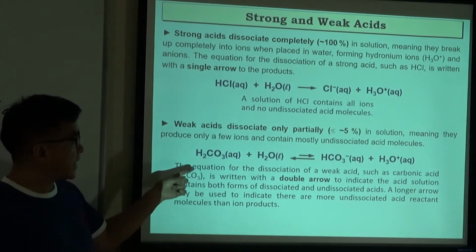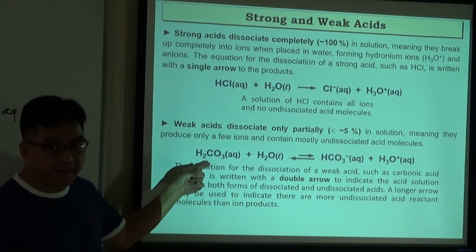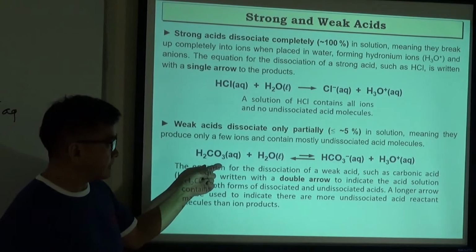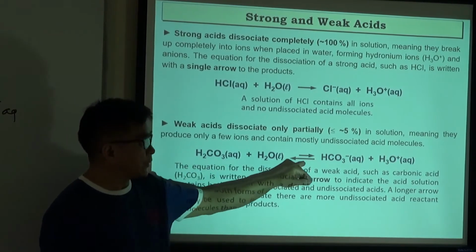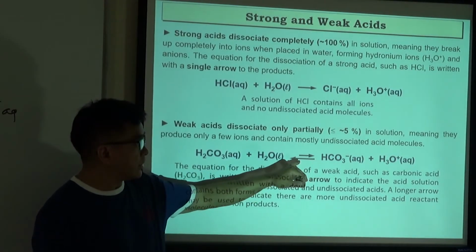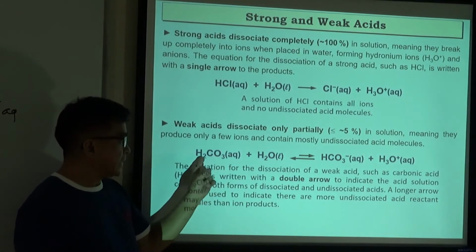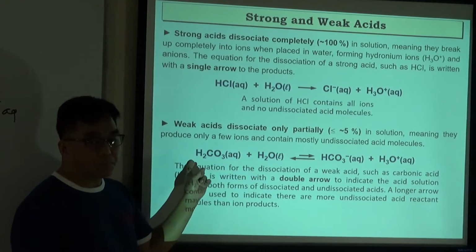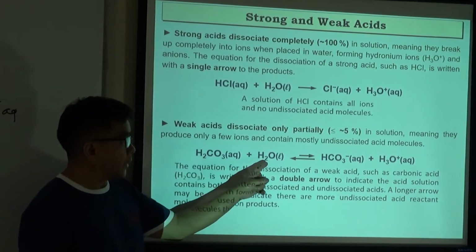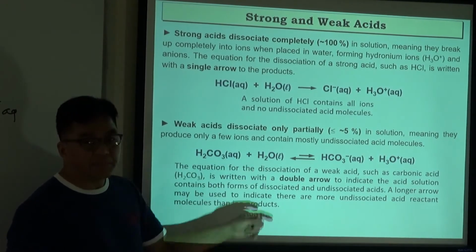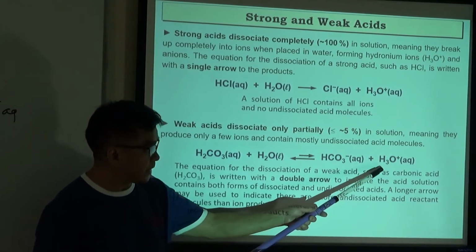For a weak acid, for example, carbonic acid is a weak acid, so you write it with a two-way arrow. Sometimes you can use the forward arrow. The forward arrow means that the acid dissociates, releases a proton to the water, and the water receives that proton and forms hydronium ions.